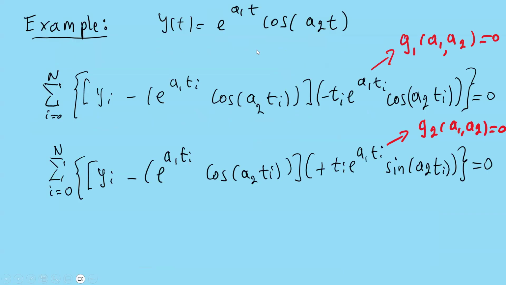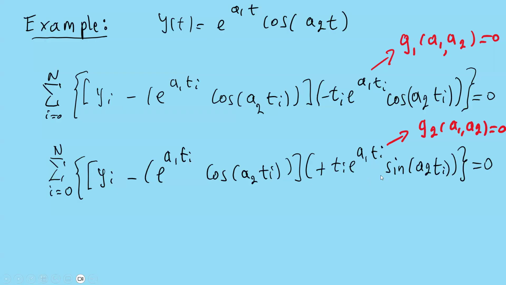If you look at this problem, with A1 and A2 as the coefficients, we minimize the SSE with respect to A1, okay? This is yi minus the fitting function over the noisy data, this part shows the derivative of this function with respect to a1, and this is about a2.